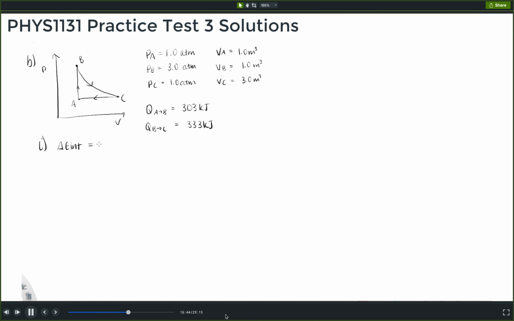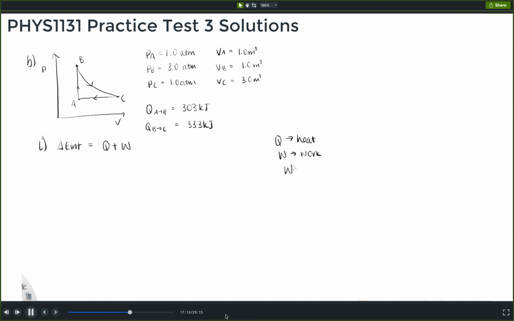So we know that for the change in internal energy, the formula is Q plus W, where Q is heat and W is work. Both have the units of joules. So the heat for the process from A to B, we have been given. It was 303 kilojoules. We just need to now work out what the work is.